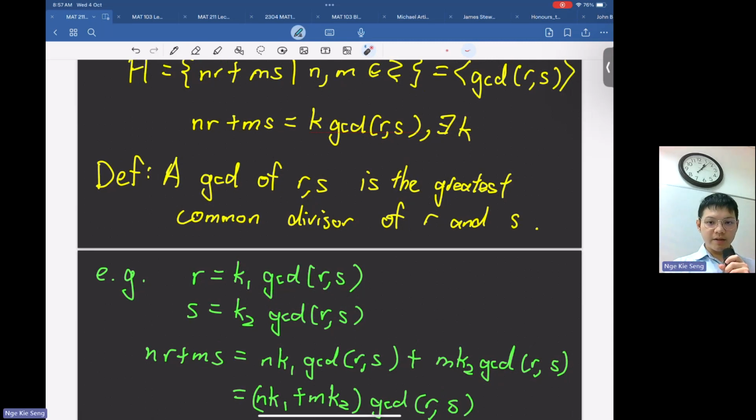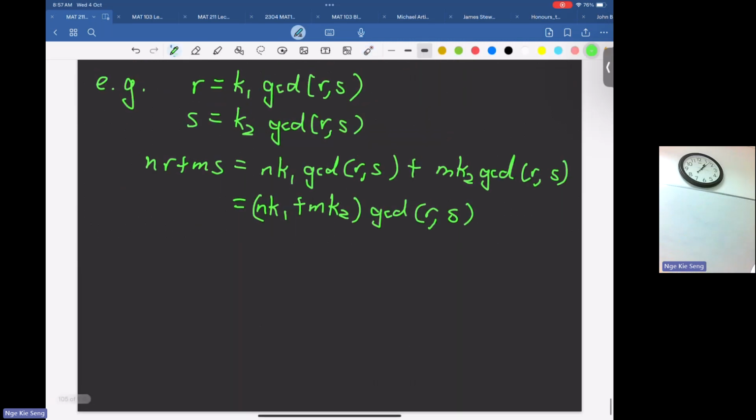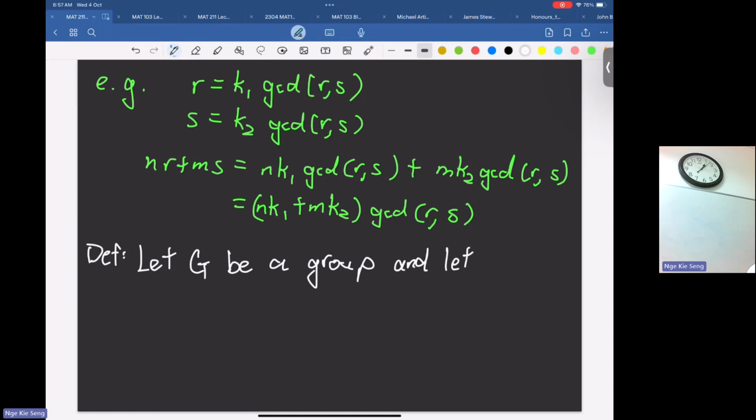So these are cyclic groups. So we will have a next definition. How about if our group is generated by more elements? What do we mean by that? Let's say G is a group, and then we take a few more elements, not just one, a few more.